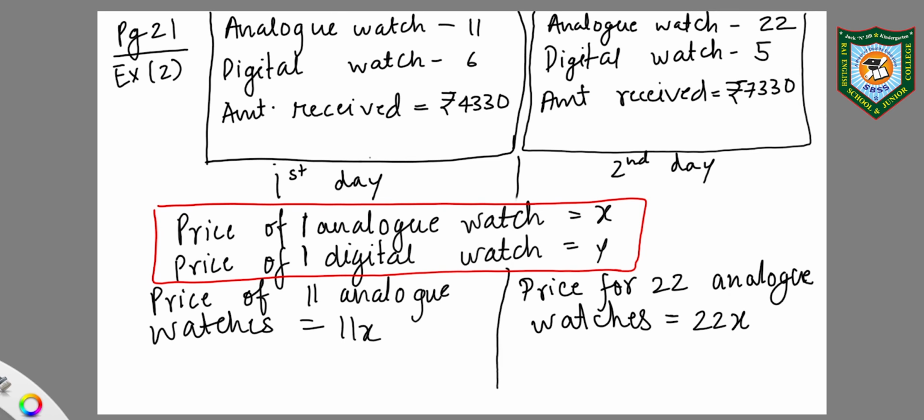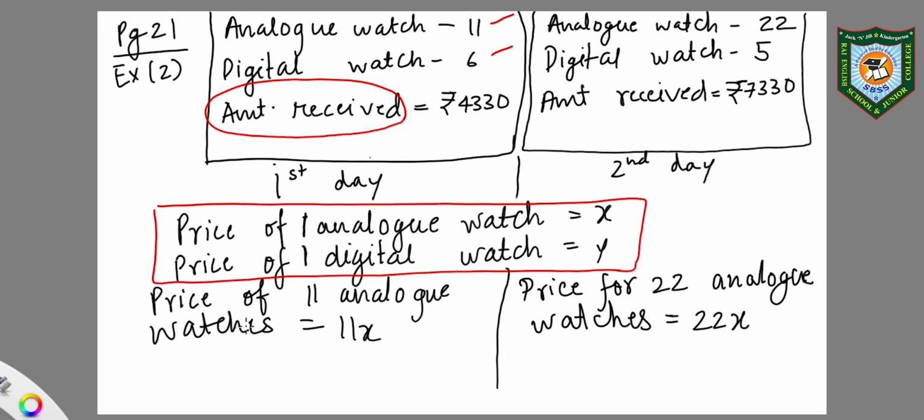So now the table says that the amount that he received on the first day was 4,330. That means when the shopkeeper sold 11 analog watches and 6 digital watches, he received an amount of 4330 rupees.